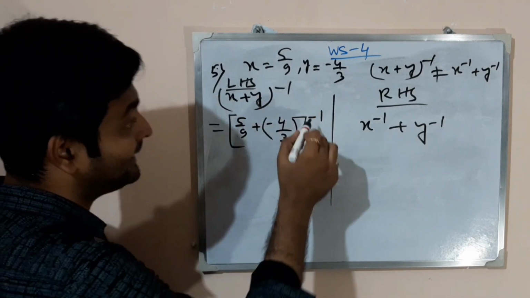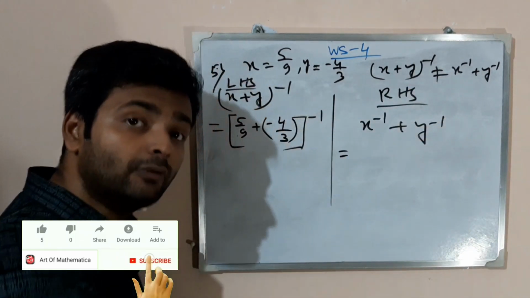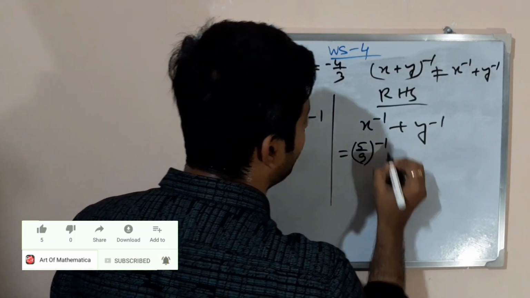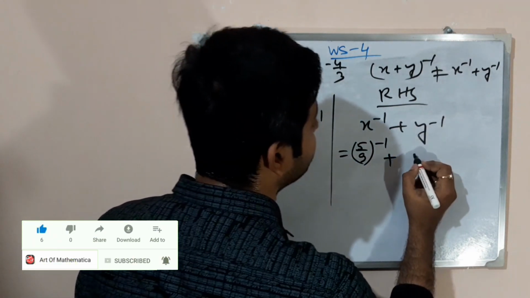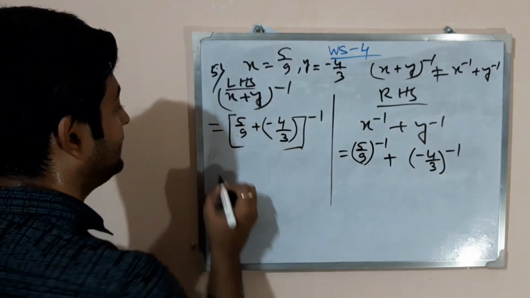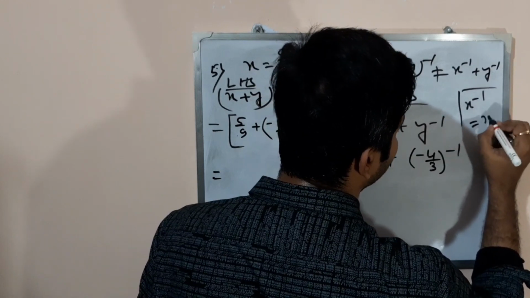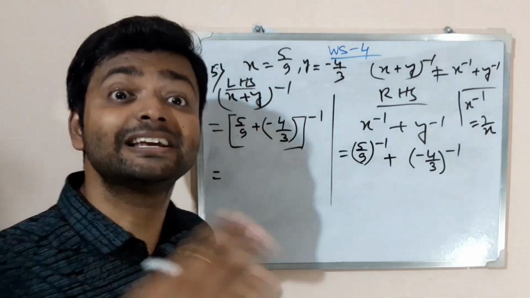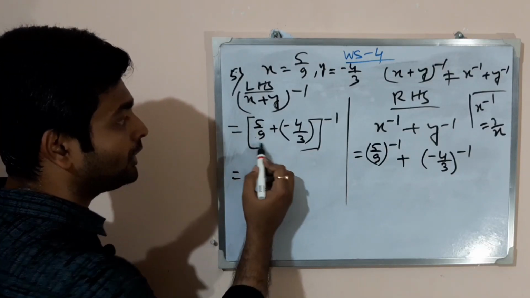And on the right side, x to the power -1, x inverse, where x is 5/9 to the power -1, plus the y value by itself. Now, do you remember what I told you? x inverse can be written as 1/x, meaning x inverse denotes its reciprocal number. So now tell me, what to do here? You write the reciprocal of 5/9?